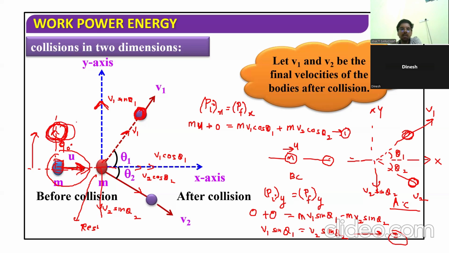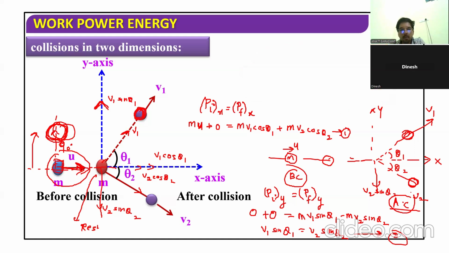That is why there is no momentum in y initially. After collision, it is moving in x and y both. But before collision, it is striking like this at rest, and after collision, like this. Before collision, only x direction. Clear?